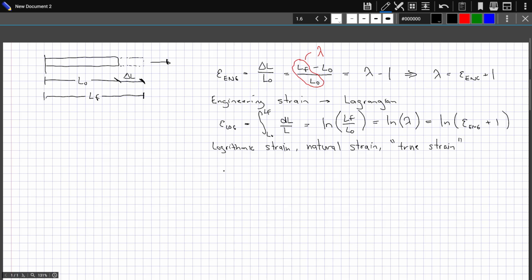So again, there's more strain measures. I'll just produce one more. Again, I'm going to use the symbol TR for true. But this would be if you normalized the change in length by the final length. And so again, in terms of lambda, that's 1 minus 1 over lambda. And this is often called the Eulerian strain.